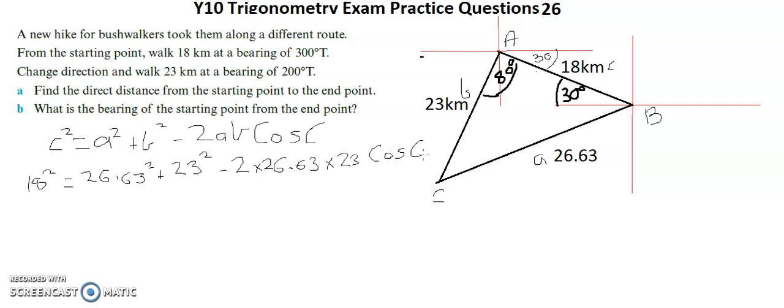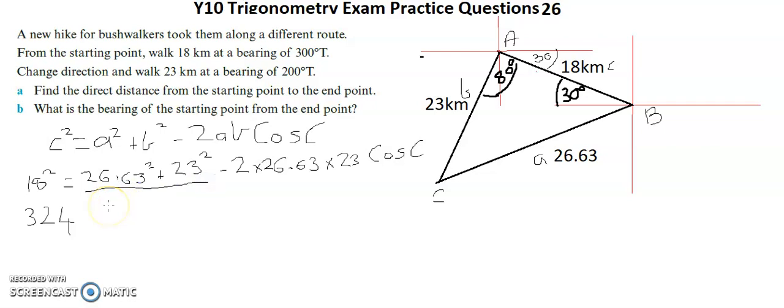So the next step is to simplify it. 18 squared is 324. I'm going to simplify this part in one go: 26.63 squared plus 23 squared. Take away 2 times 26.63 times 23. So I will simplify that into two parts.